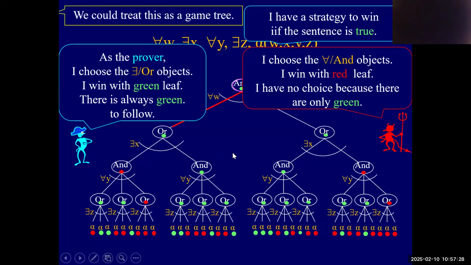That means at least one of the children is green. So I get to choose which way to go to the green. Does that make sense? Follow the green. And then it's the adversary's choice, so it doesn't matter which way the adversary goes, it's always going to be green. And then it's an OR, so I get to choose which way to go. Everybody get the game?